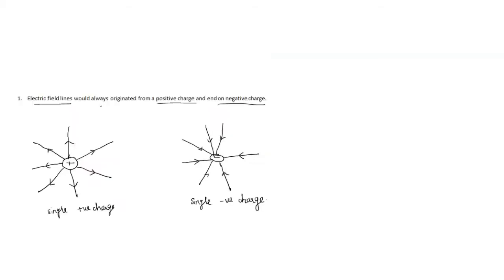Now let's move on to the second point, that is, if we consider two equal and opposite charges closely bound together, how can we represent the electric field lines? Field lines are close together where the field is strong, further apart when it is weaker. This is the representation if we have two opposite charges.